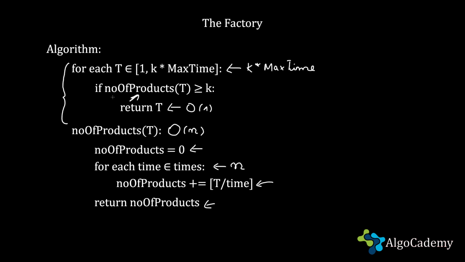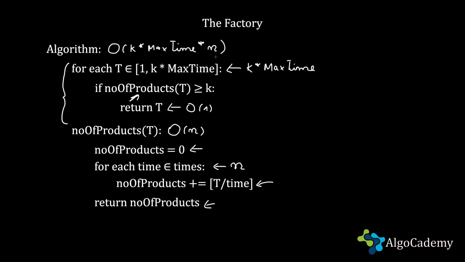And how many calls do we have? We have one call for each different value of t, which are at most k crossed max time. So the final time complexity of the algorithm is big O of k crossed max time, crossed n. This is the time complexity of our brute force approach.